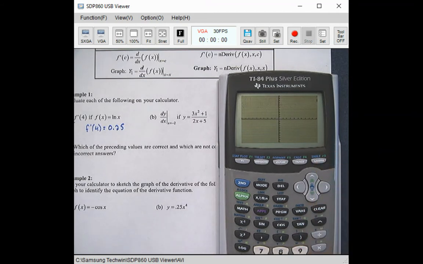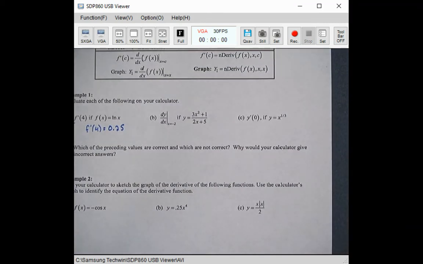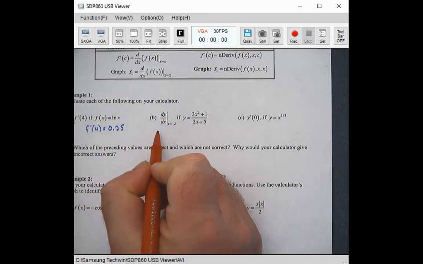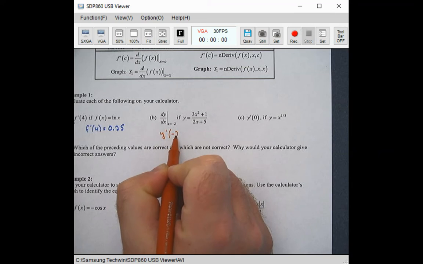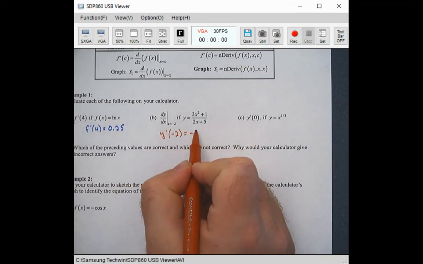Oh, why did I hit graph? Hit enter. I get -38, blah, blah, blah, which we know really is -38. So y prime of -2 is equal to -38.